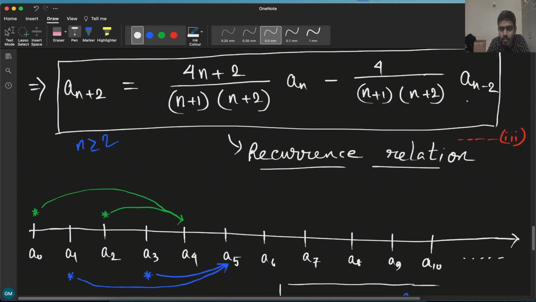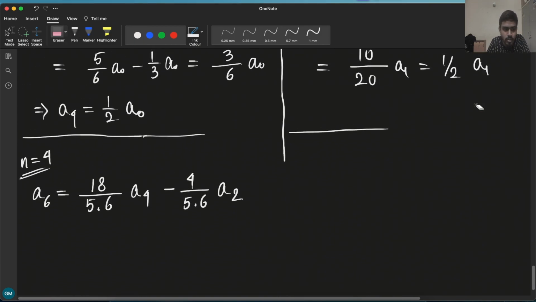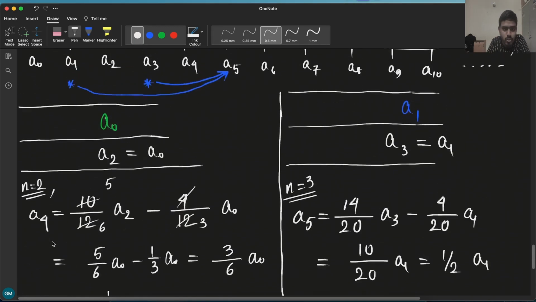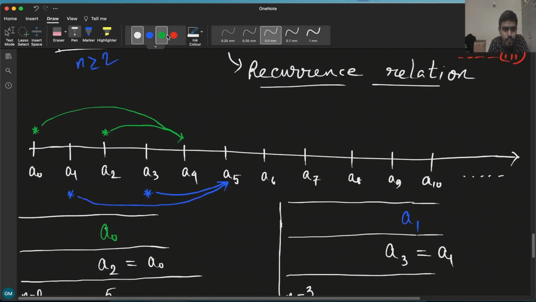Since n minus 2 with n equals 4 means a2. So this relation tells us that if one knows a4 and a2, then he can find a6.